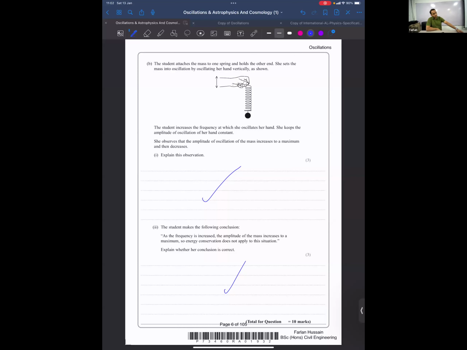When the amplitude is maximum, energy transfer to the surrounding will be minimum.